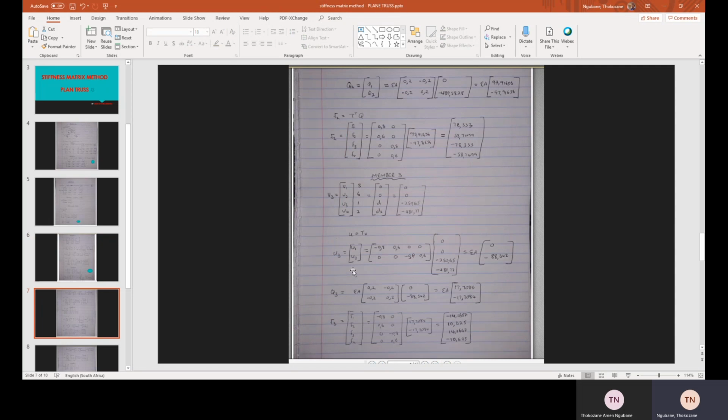Then let's continue from there. Then we calculate Q, which is Q1 and Q2.